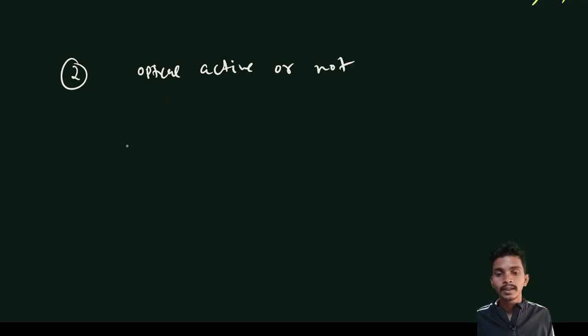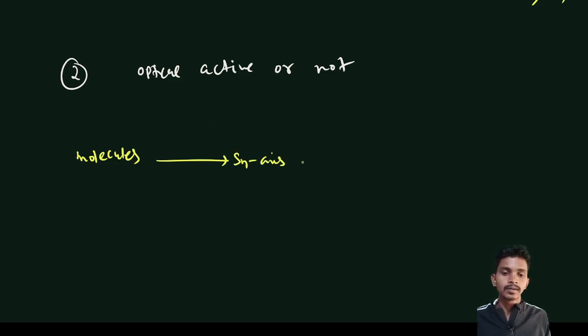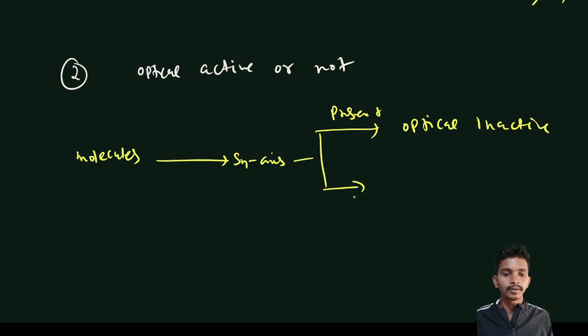For this it is simple: if a molecule has an Sn axis present, then it is optical inactive, and if this is absent, then it is optical active.